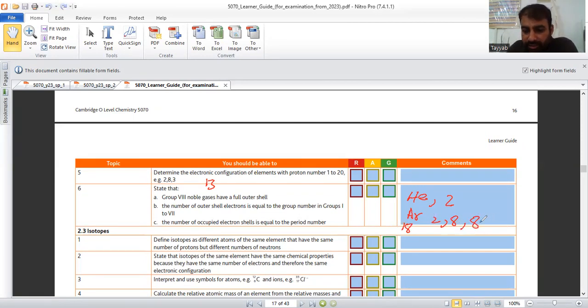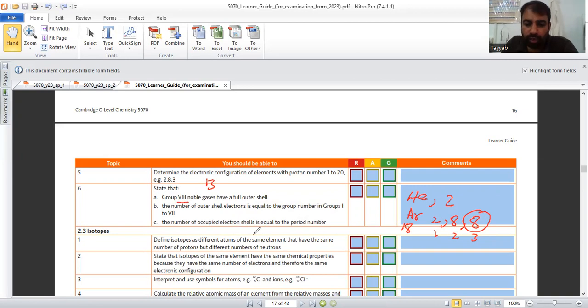2, 8, 8. This is in the third period, as there are 3 shells, 1, 2, 3, and it shows it is in the 8th group or 0 group, the noble gases group, which is written here. So again, noble gases have a complete outermost shell. It is not necessarily 8 electrons in the outer shell.